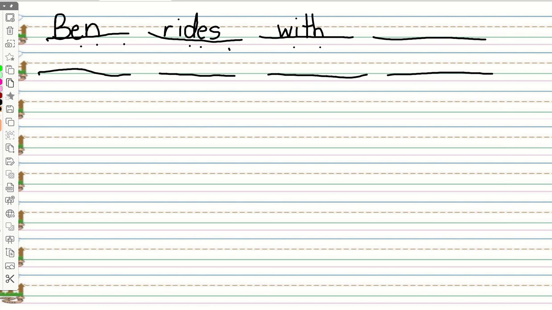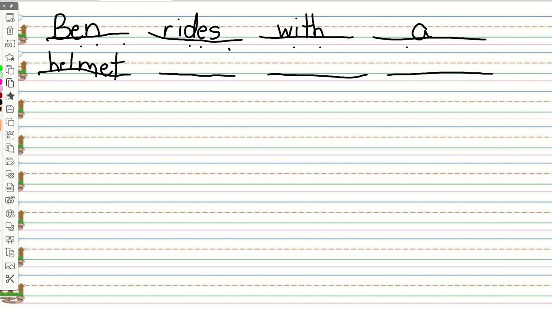Ben rides with a helmet. Helmet has two syllables. Let's split it into its syllables. Helmet. So go ahead and write L. It's an E. It's hard to see. Helmet sounds almost like it could be an I, but it's really an E spelling schwa.